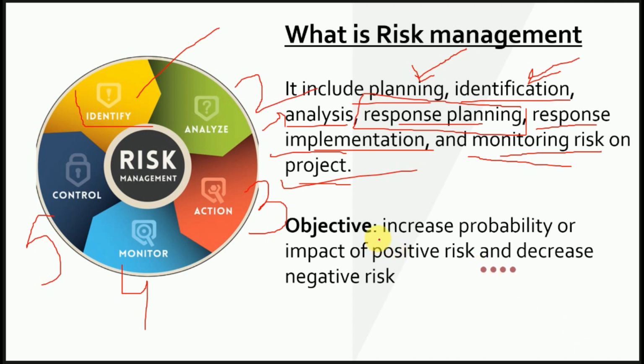We do it by increasing the probability or impact of positive risks, whereas we decrease the probability and impact of negative risks, right? So this is the way we do risk management, and the objective of risk management is optimizing the chance of project success.